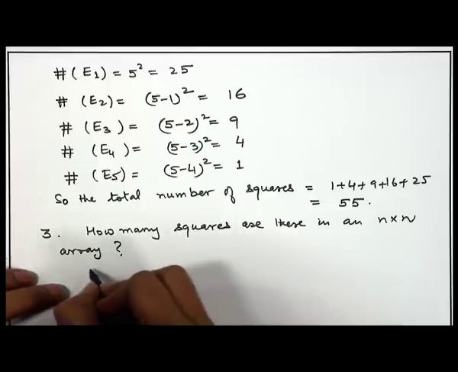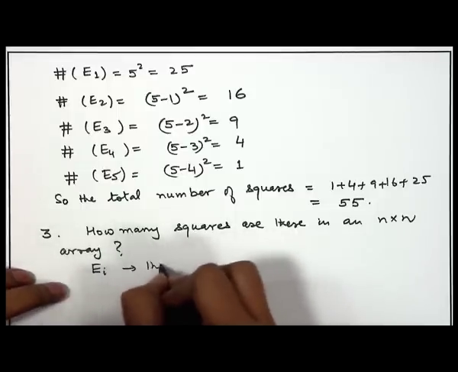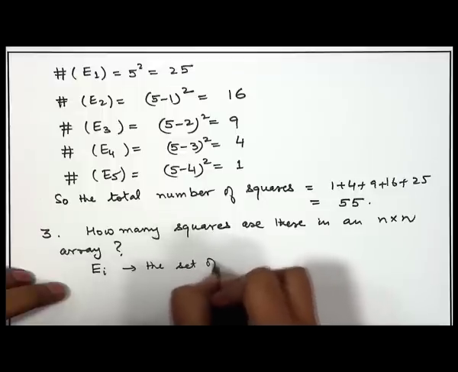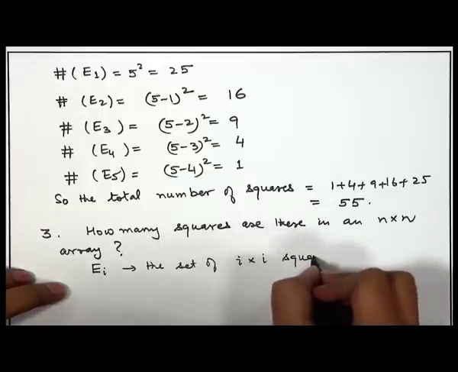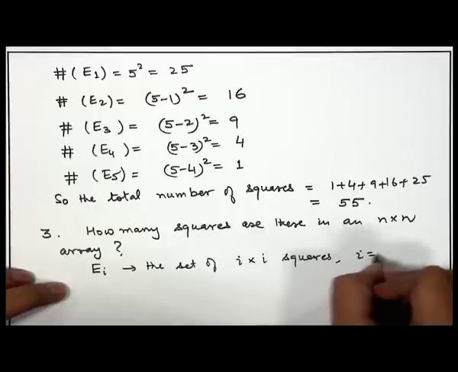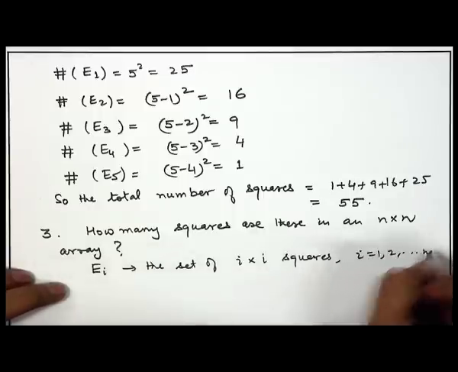So, if I consider E_i to be the set of i by i squares, where i can take values 1 to n.